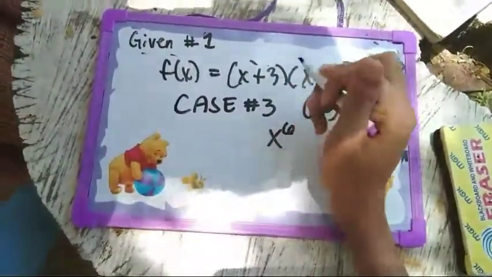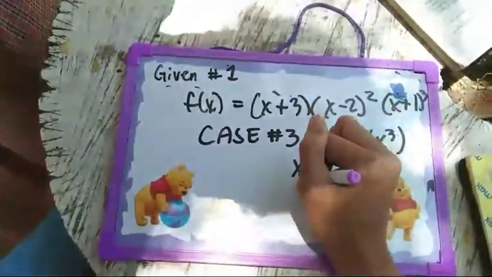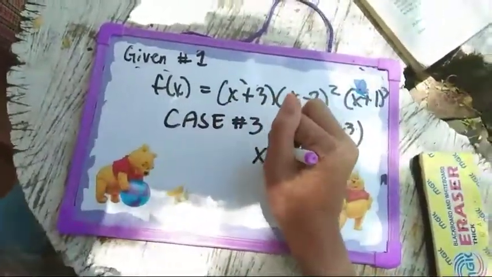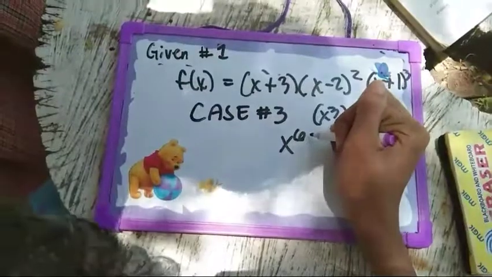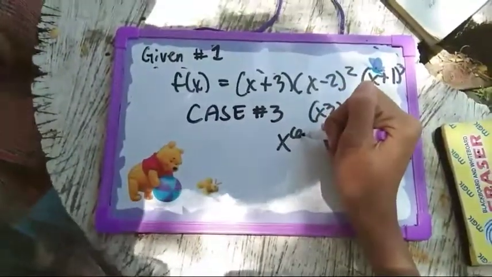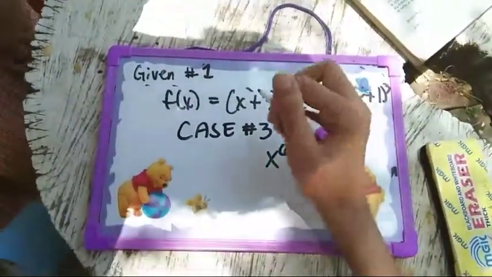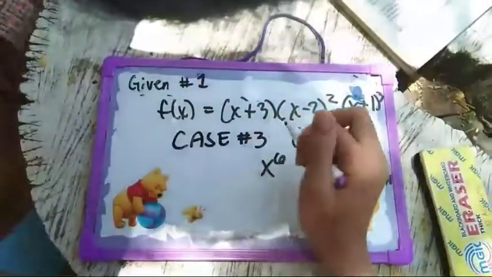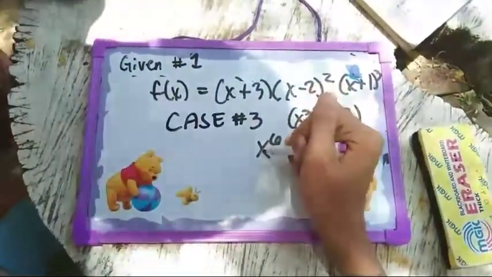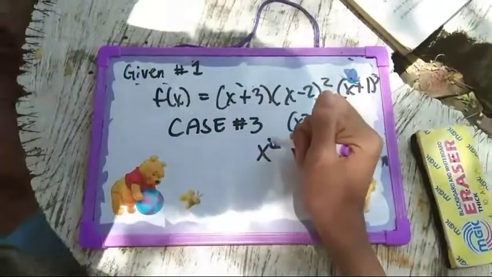And the condition of case number 3 is that the leading coefficient should be positive and the exponent should be even. And x raised to 6 meets the condition, which means that our given number 1 is in case number 3. And since it is positive and even, the graph should be above.